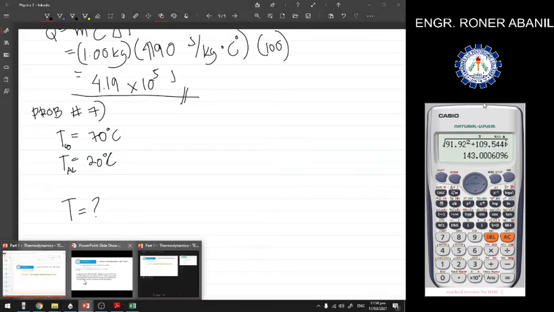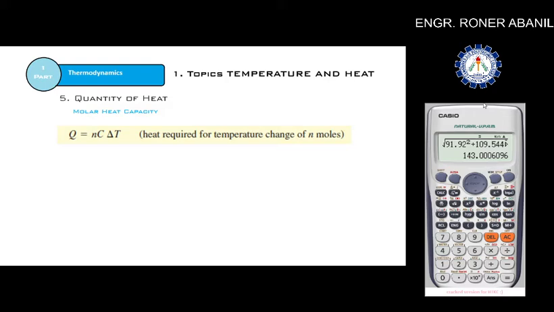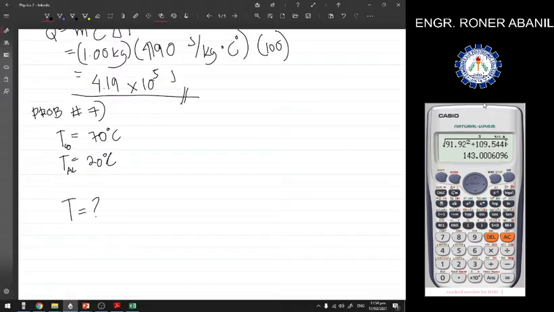Ang gamitin nating equation dito ay yung Q equals M C change of temperature.